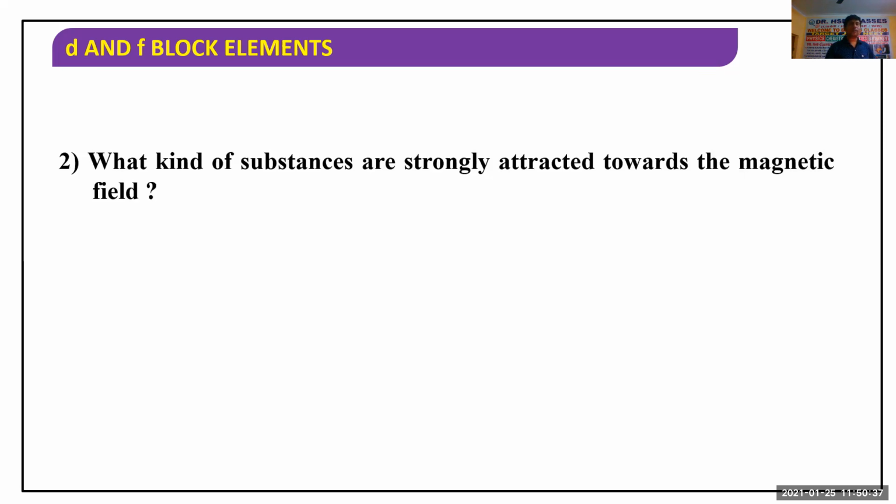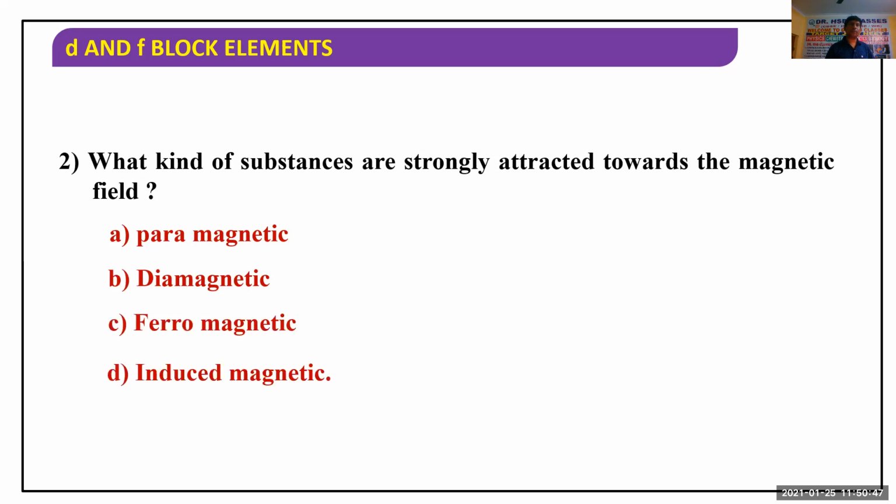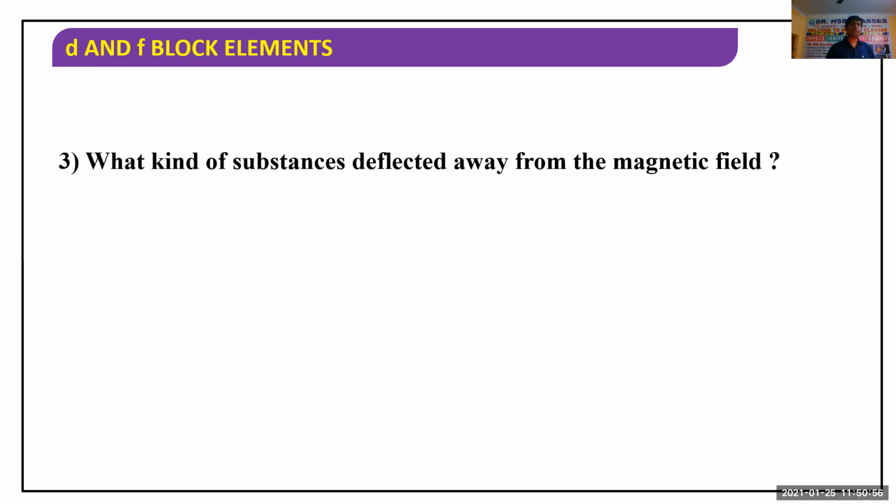What kind of substances are strongly attracted towards a magnetic field? That is ferromagnetic. Ferromagnetic is highly attracted by the magnetic field. What kind of substance is deflected away from the magnetic field?